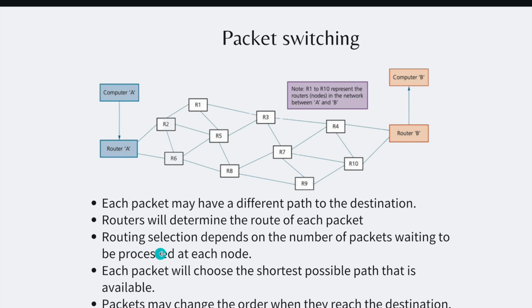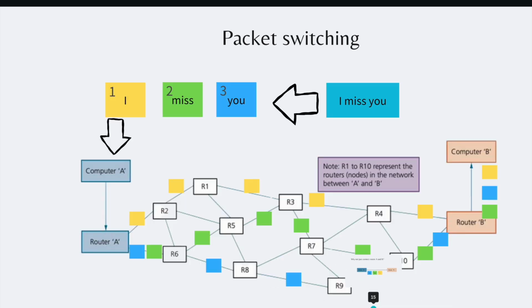Third, routing selection depends on the number of packets waiting to be processed at each node. It means that routers will try to transmit data to the route with fewer packets. Fourth, each packet will choose the shortest possible path that is available, and packets may change order when they reach the destination.